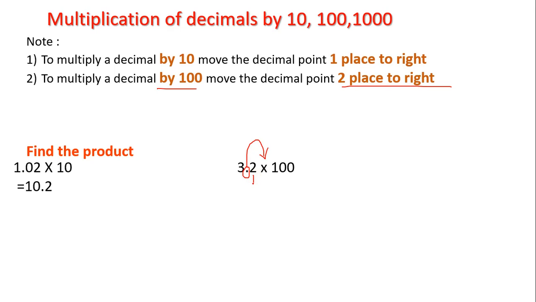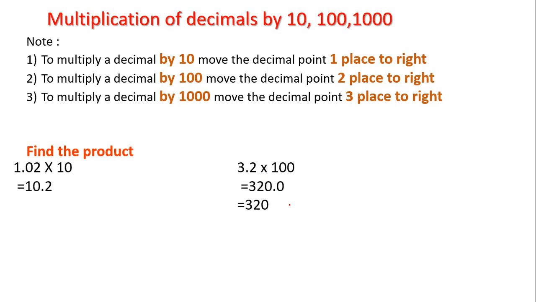When there are no more digits, we can use zeros. So I will add a 0 at the end and place the decimal point there. So it will become 320.0. 0 after the decimal point means no value, so the number will become 320.